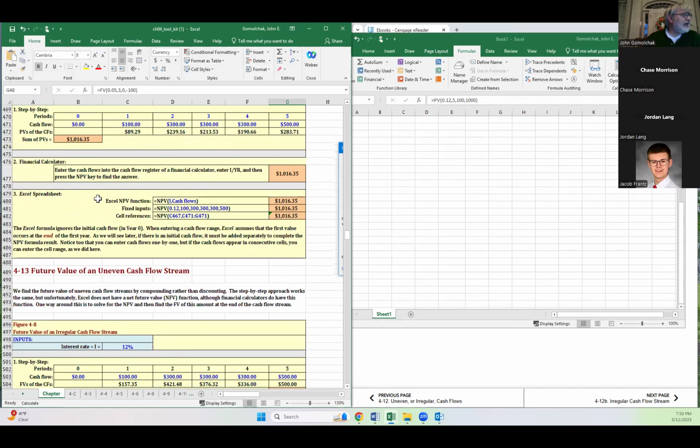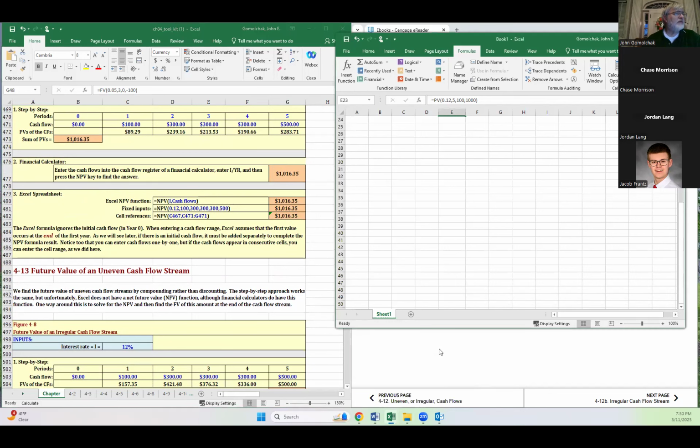How do we do it in the Excel spreadsheet? Well, our function is going to be NPV, probably net present value, I think. So let's see if we can recreate that on our spreadsheet.